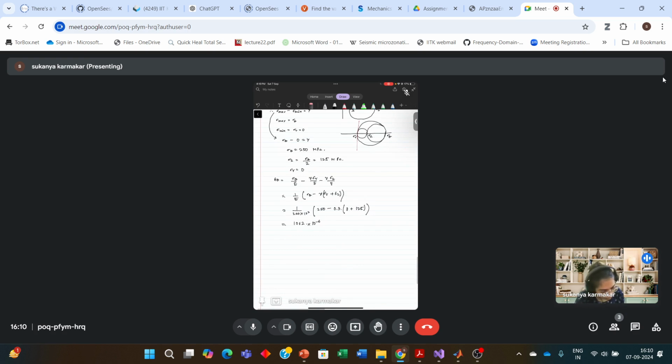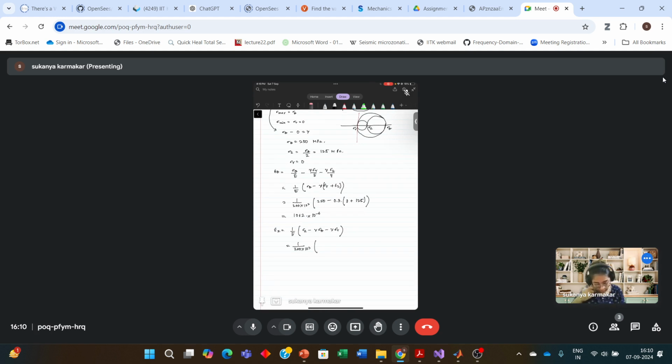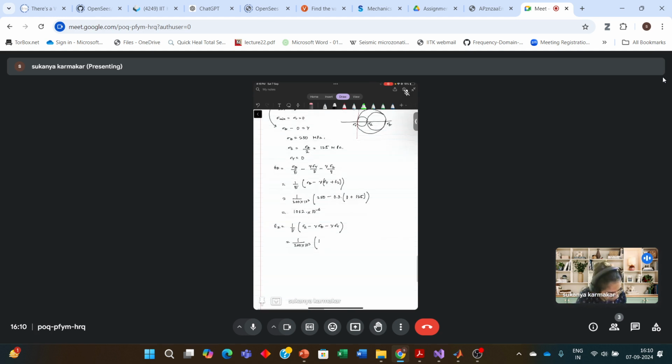Now let's calculate epsilon z, which will be 1 by E times sigma z minus nu sigma theta minus nu sigma r. So 1 by 200 into 10 to the power 3, sigma z is 125, sigma r is 0, minus 0.3 into sigma theta, which is 250.